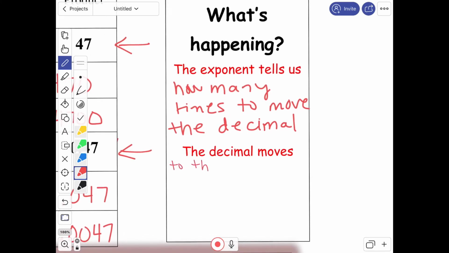The decimal moves to the right if the exponent is positive, and to the left if it's negative.